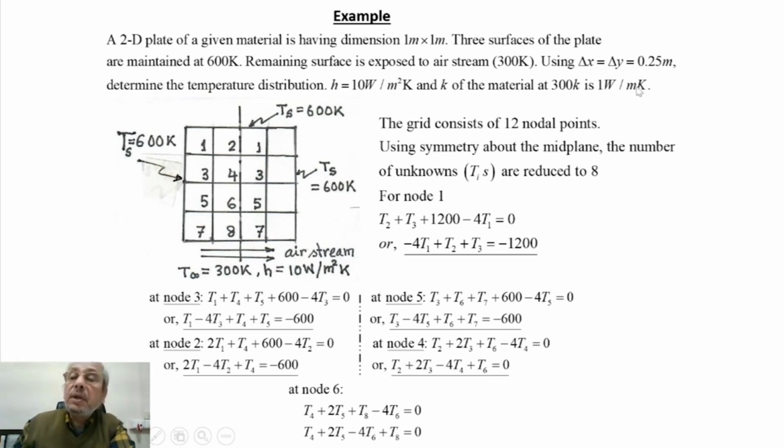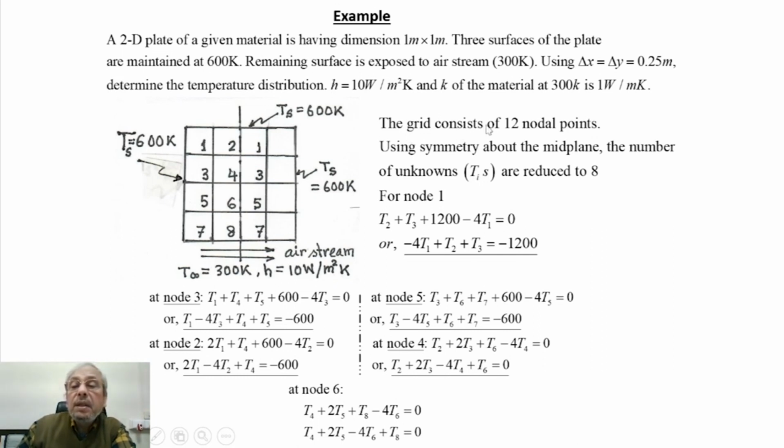This is the thermal conductivity of the material, 1 watt per meter Kelvin, poor thermal conductivity. So maybe this is some insulating material where we want to find out the temperature distribution.